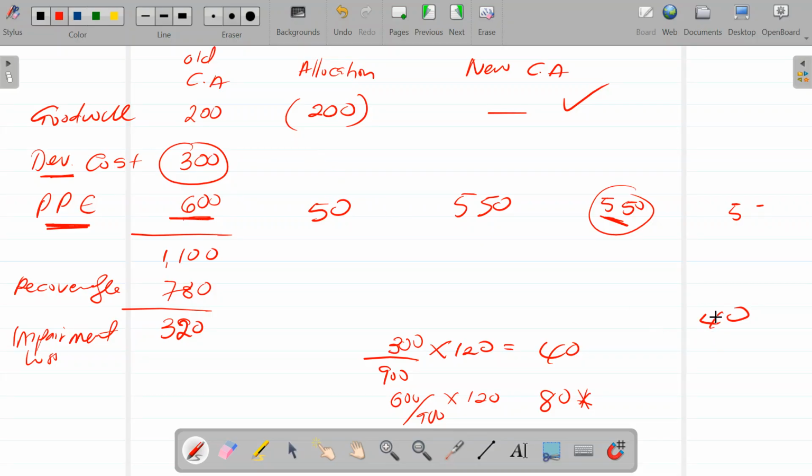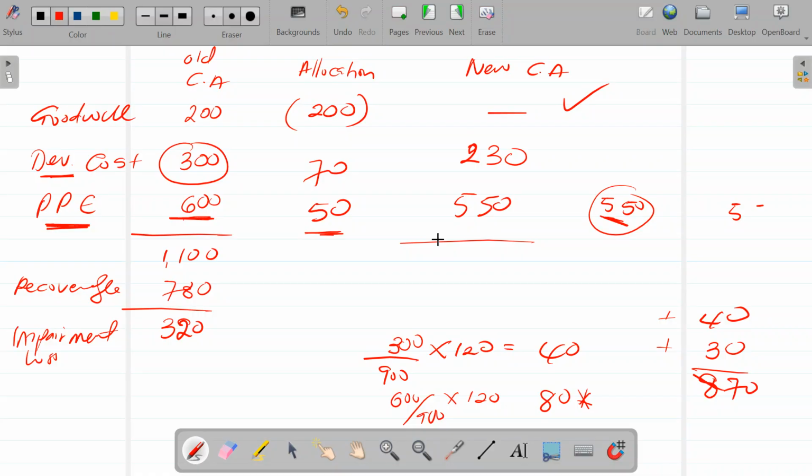The development cost will be 40 plus the 30, the balance that we couldn't allocate to the PPE. So that will be 70. Do you get it? So this will be 230, right? Yeah, so that is how it is.